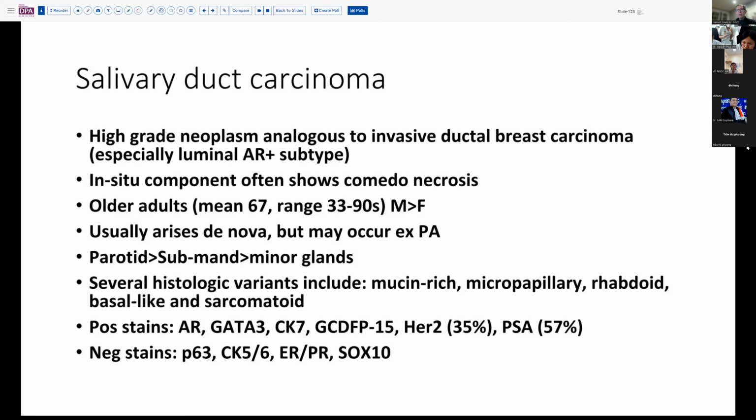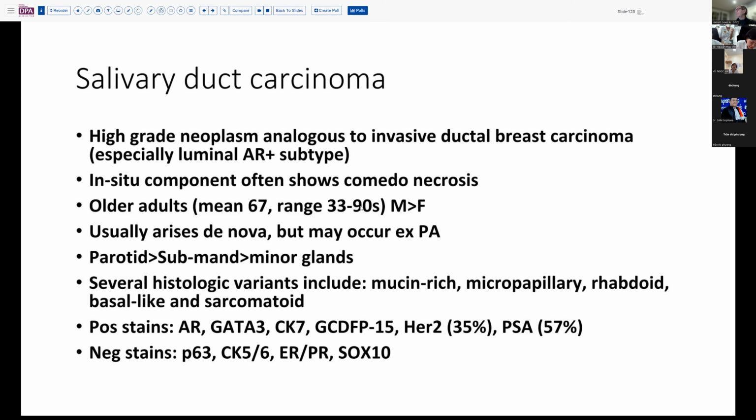So the differential would include things like high-grade mucoepidermoid carcinomas and some of the myoepithelial carcinomas that are higher grade. But if you want to think of what it's like, invasive ductal carcinoma, especially the luminal types. So it often has an in situ component that has comedo-like necrosis. This was previously called salivary duct carcinoma or mammary analog tumor.